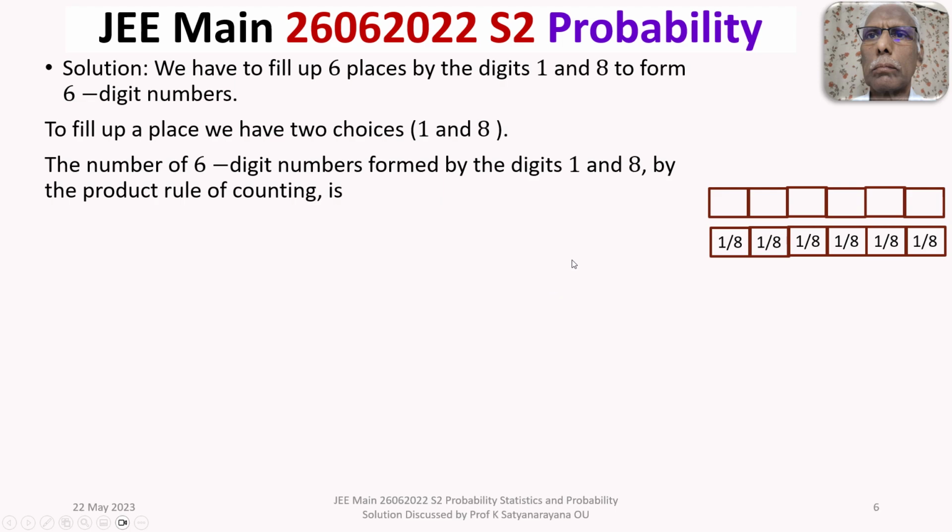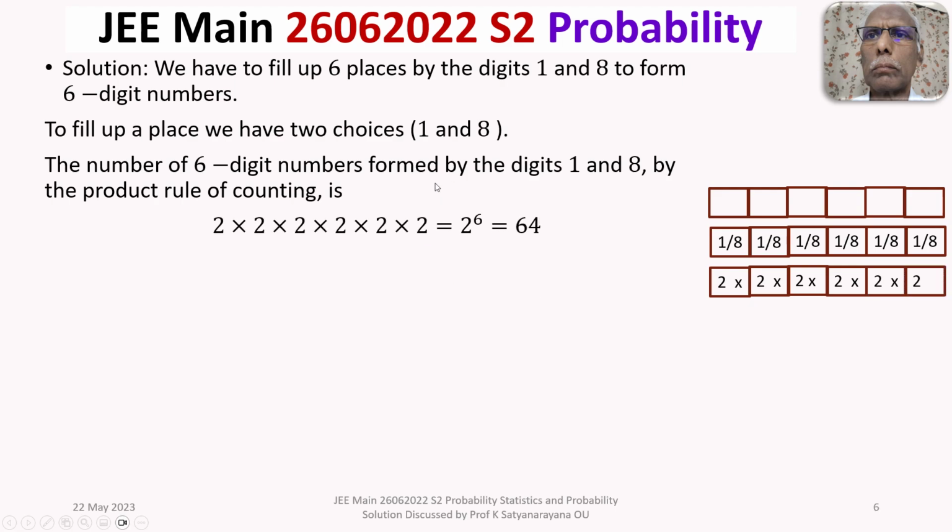That is 2 power 6, which is equal to 64. So, by the product rule, each place can be filled by 2 choices, and the total number of 6-digit numbers is 2 into 2 into 2, 6 times, that is 2 power 6 equal to 64.